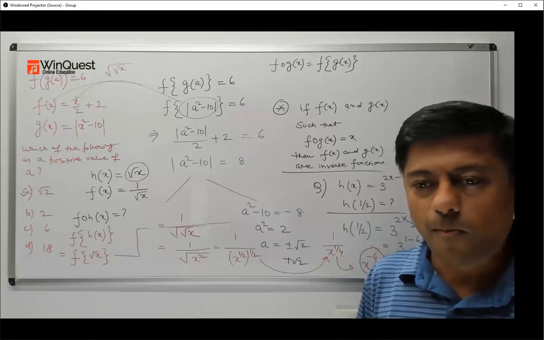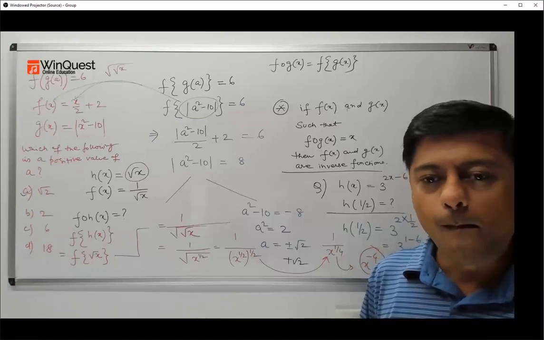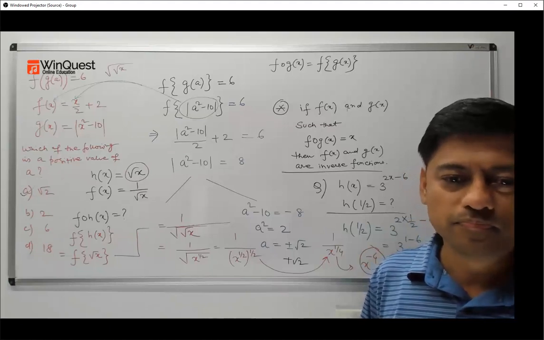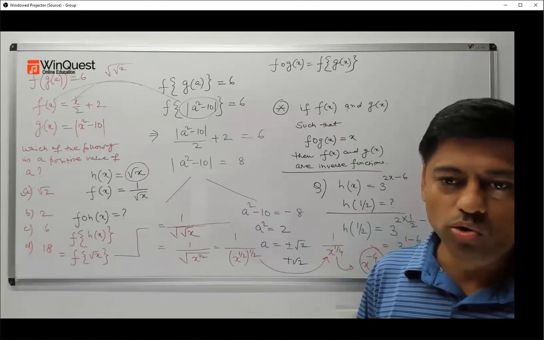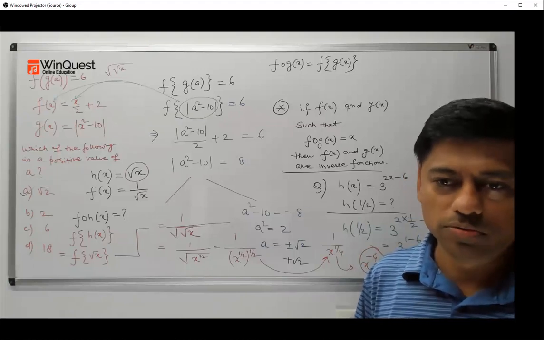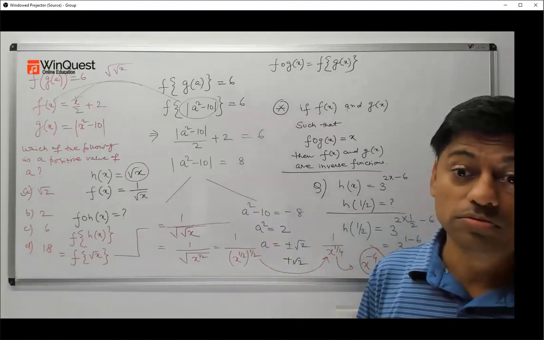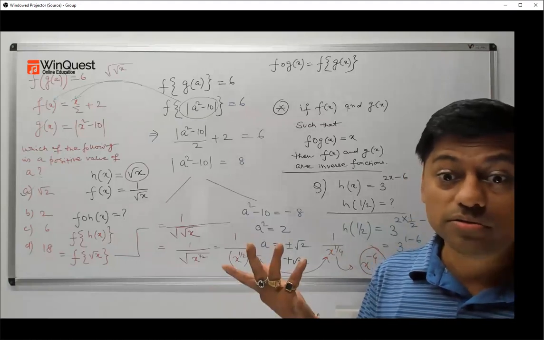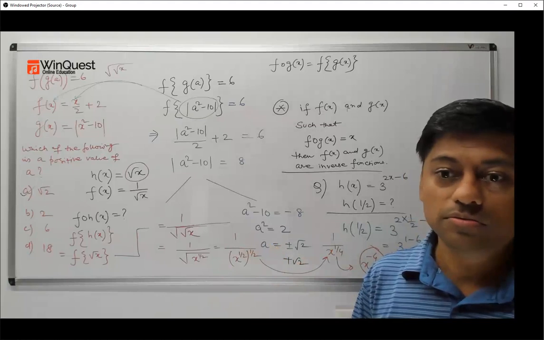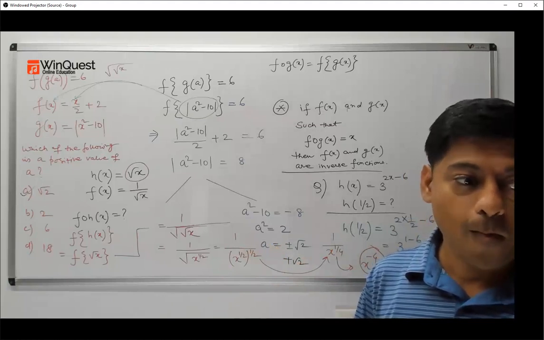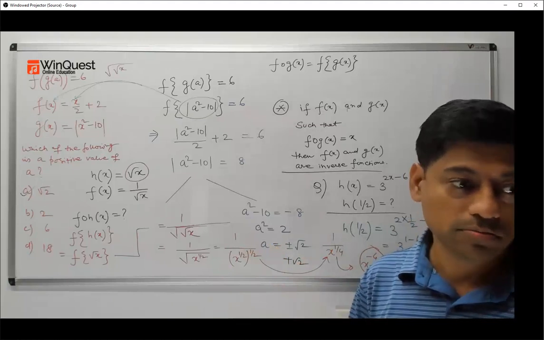Yes, Shreya, go ahead. How did you get x to the power of -4 from 1 by x to the power of 1 by 4? Very good. Nobody noticed it. Tell me, sir, I think it's wrong. Anybody who thinks this is wrong?